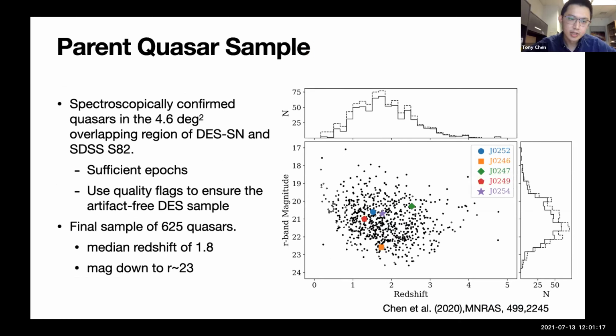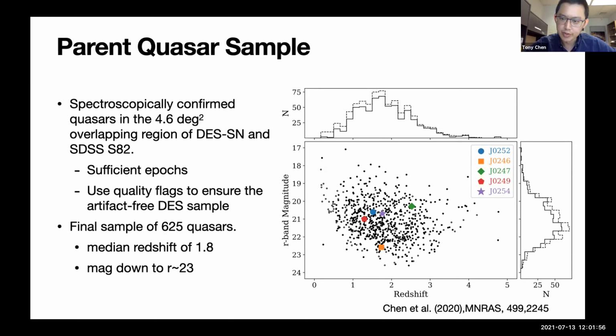We start with the spectroscopically confirmed quasars in this region, and we also require that they have sufficient epochs and use some quality flags to ensure they are artifact free. Our final sample has around 625 quasars, and their redshift distribution and magnitude distribution are shown on the right-hand side.